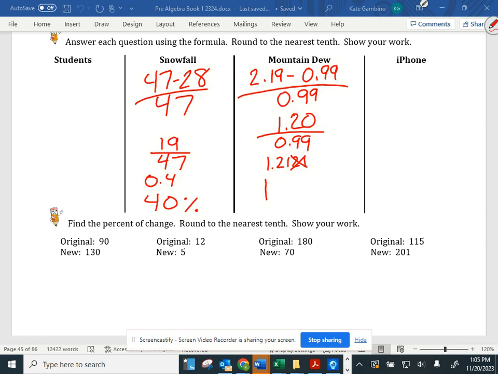Oh my goodness, no. 1%? We went from 99 cents to $2.19 and it's only going up 1%? Does that logically make sense? What should it be, Fiona? 121% increase. Holy smokes, it went up a ton. 121% increase.